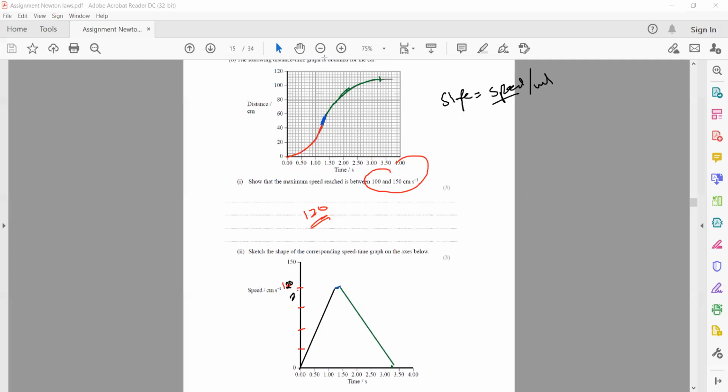And then it is a horizontal line. It means the slope is 0. If slope is 0, it means the speed is 0. So till 3.6, speed will be 0. Is it clear how we completed a speed time graph by using a displacement or distance time graph?